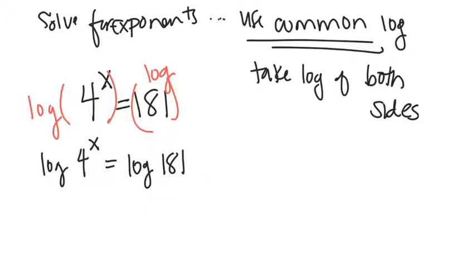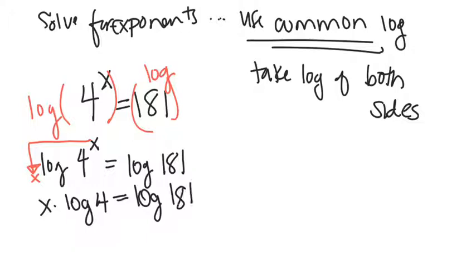The hard part is, what do we do with this 4 to the x? Our exponent rules tell us that we can bring it down front, which is nice. So now I have x times log of 4 equals the common log of 181. And I'm trying to solve for x, so I'm going to divide both sides by log of 4.